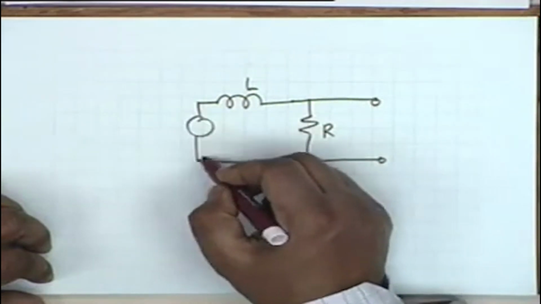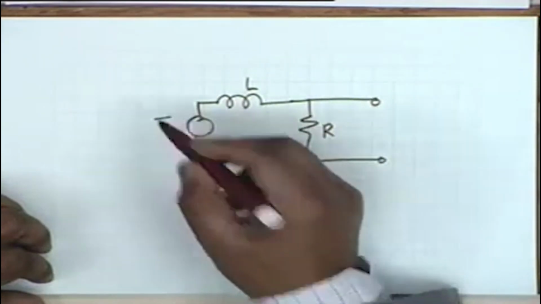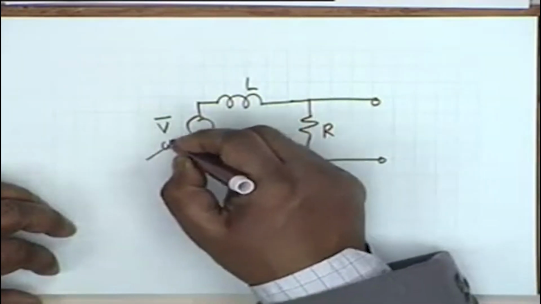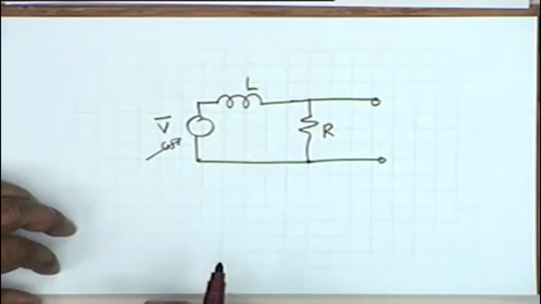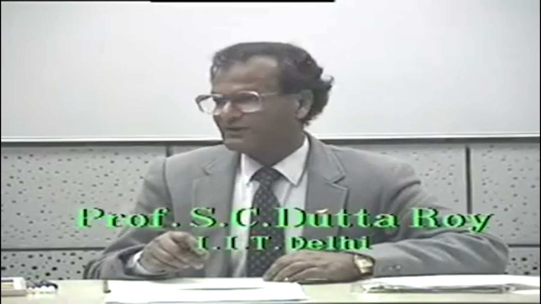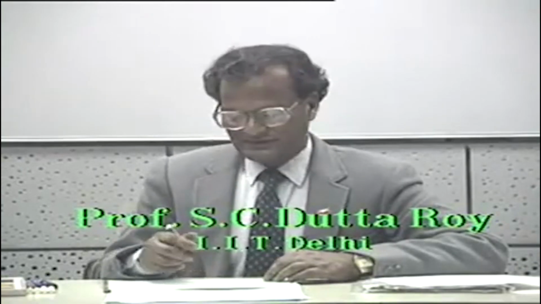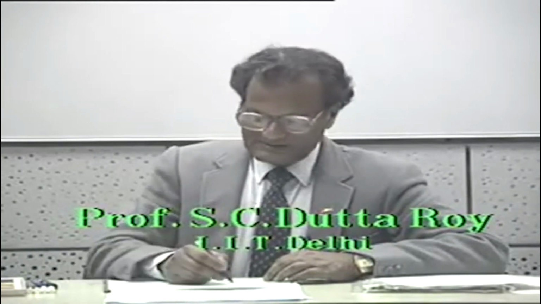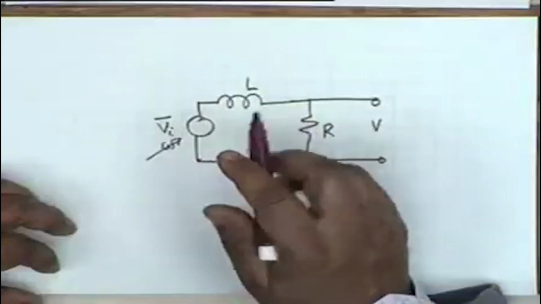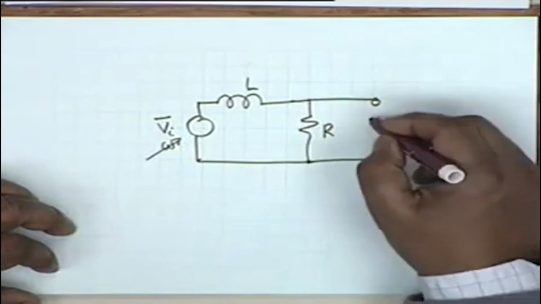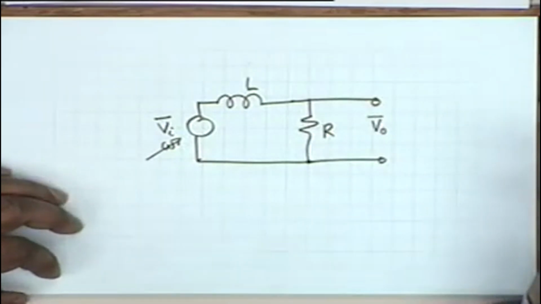And let's say this is a voltage phasor V whose frequency omega is variable. For example, this could be a typical signal generator that is available in the laboratory. Its frequency is variable. Let's say this is Vi phasor, the input voltage, which is sinusoidal of a frequency omega which you keep on varying, and the output is V0, and let the phasor be V0.